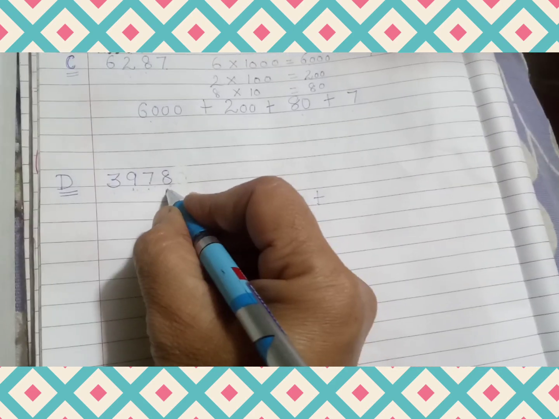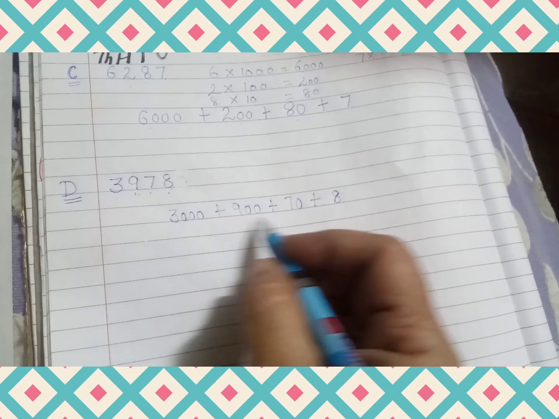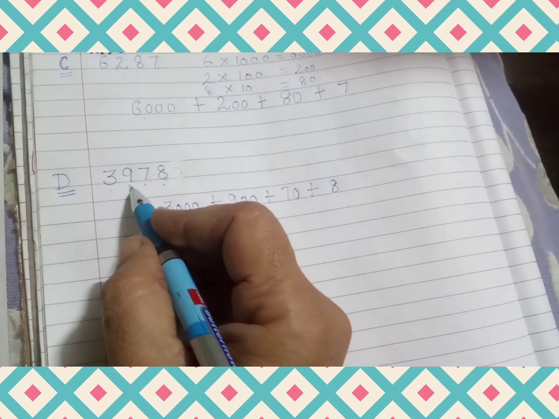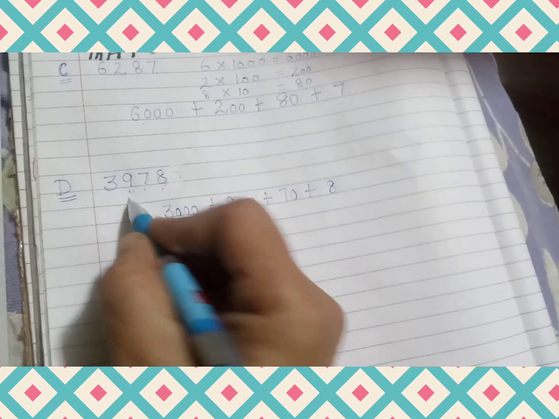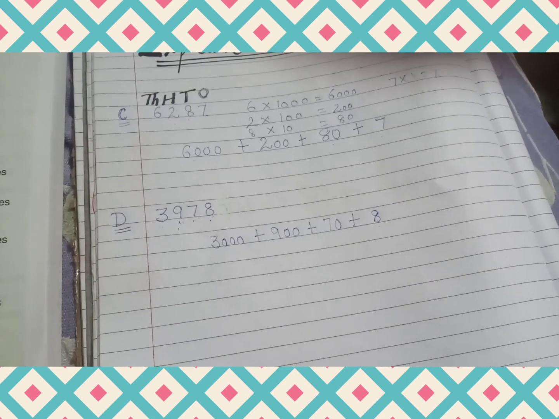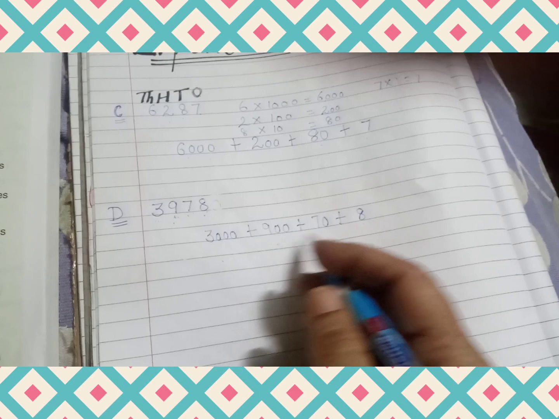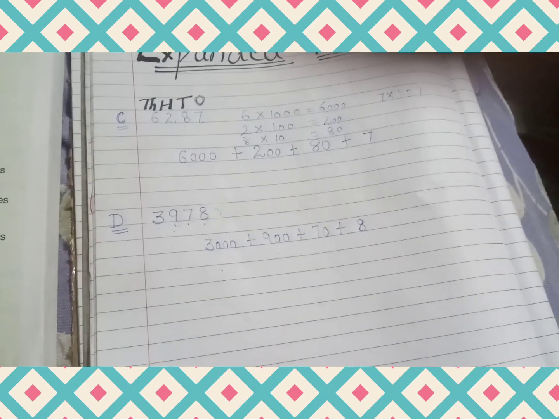And 8 is at the 1's place, 8 ones are 8. This is the expanded form of the given number. And expanded form is the sum of the place values of the digits in a given number.